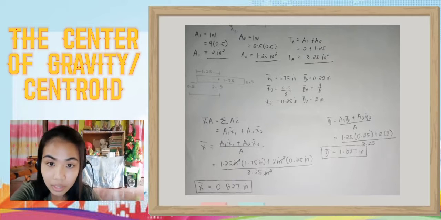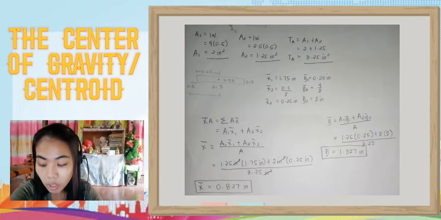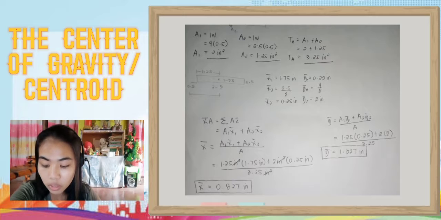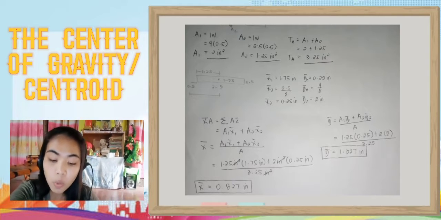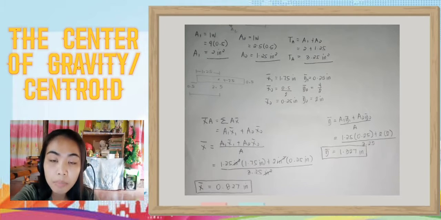So, i-divide natin ito lahat into 3.25, which is our total area. So, x bar is equals to 0.827 inches.